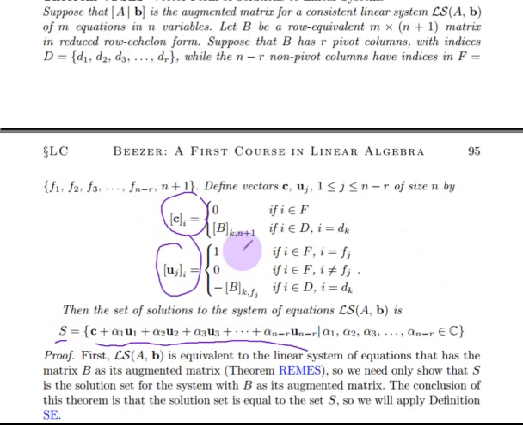Now, in the case of a homogeneous system, this C is 0. So if we have a homogeneous system, we do have our solution set as a linear combination of these vectors U. These vectors U were formed on the basis of the non-pivot columns of the reduced row echelon form of the matrix. So really this is just what we want to prove down here in another way.